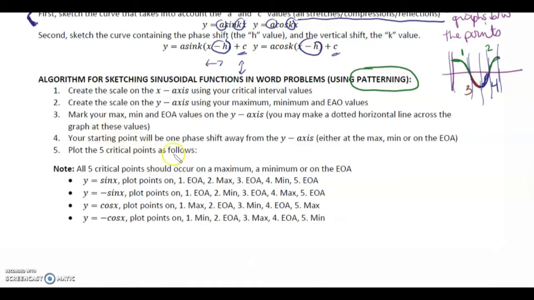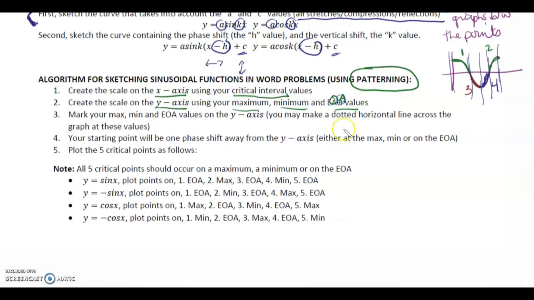Okay. So first what we're going to do is create the scale on the x-axis using critical intervals. Then we're going to create the scale on the y-axis using our max-min and equation of axis values.